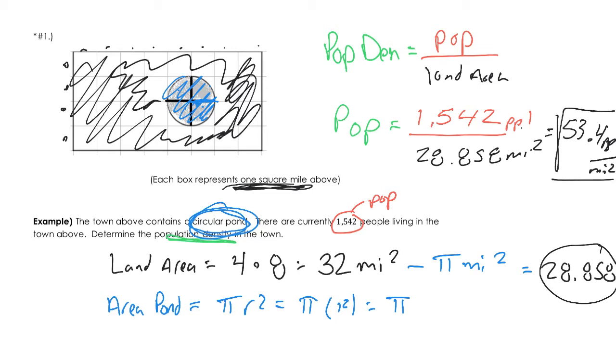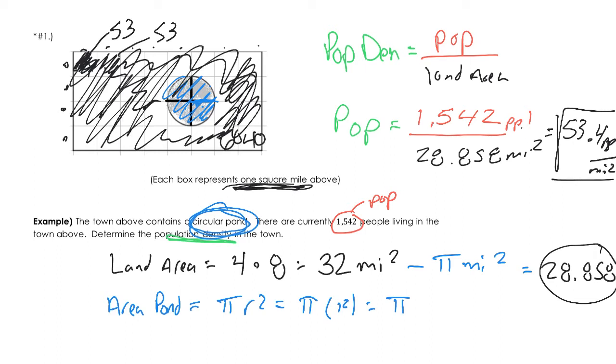So that means in each box up here lives about 53 people. So in this box is about 53 people. So it's just how many people are in that land area. And now it doesn't have to be perfectly spread out. In a real situation, maybe there's fewer people that live here. It's like 40. This one's like 60. But the average is about 53 people per box up there.